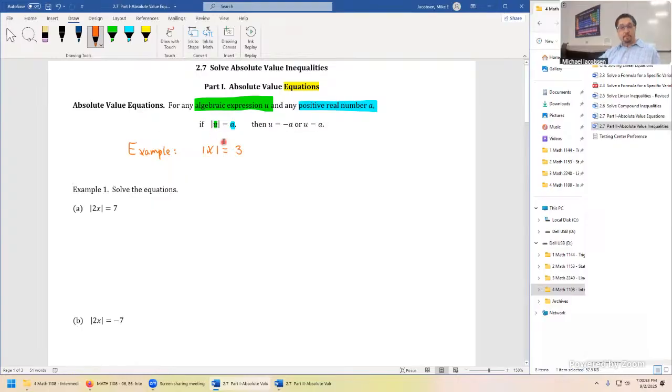Well, let's recall what we mean by absolute value. Absolute value is just the distance from a number to 0 on the real number line. So if you do absolute value of negative 7, this one comes out to a positive 7. The reason for that is on the number line, here's 0, 1, 2, 3, 4, 5, 6, 7.